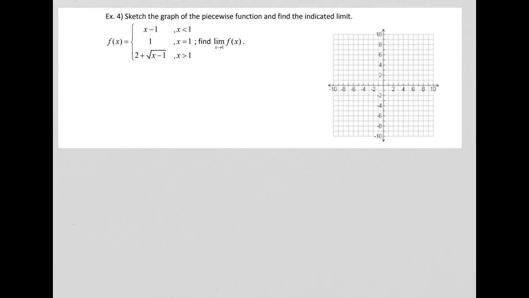The last example is a piecewise function. So there is one function f(x) being defined by 3 different pieces. So we're going to graph every single piece in order to find the limits. Okay, let's look at the first piece. The first piece is y equals x minus 1. So this is a linear relation with the slope being the value in front of the x, which is 1.